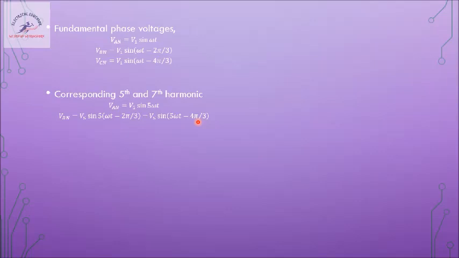This is by the property of a sinusoidal waveform, that every sine wave instance repeats every 2 pi radians. That is, for every 360 degrees, the value of a symmetrical sine wave will be the same. It means that if you know sine 90 is 1, then sine of 90 plus 360 will be 1, sine of 90 plus 360 into 2, that is sine of 90 plus 720, will be 1, and sine of 90 plus 360 into 3 will also be 1.